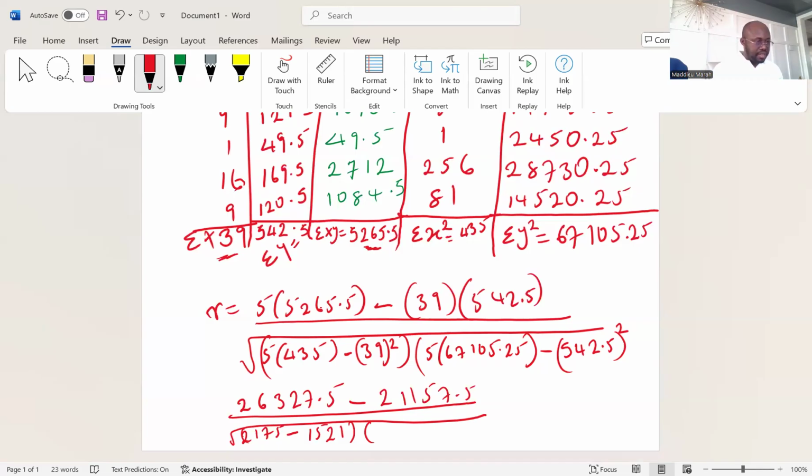This will give me 335526.25, minus 542.5 all square, which will be 294306.25.